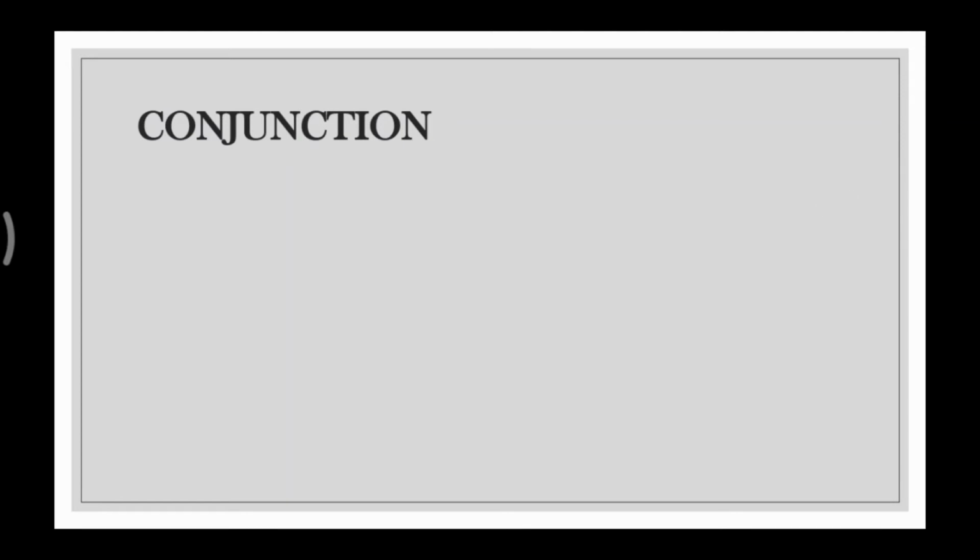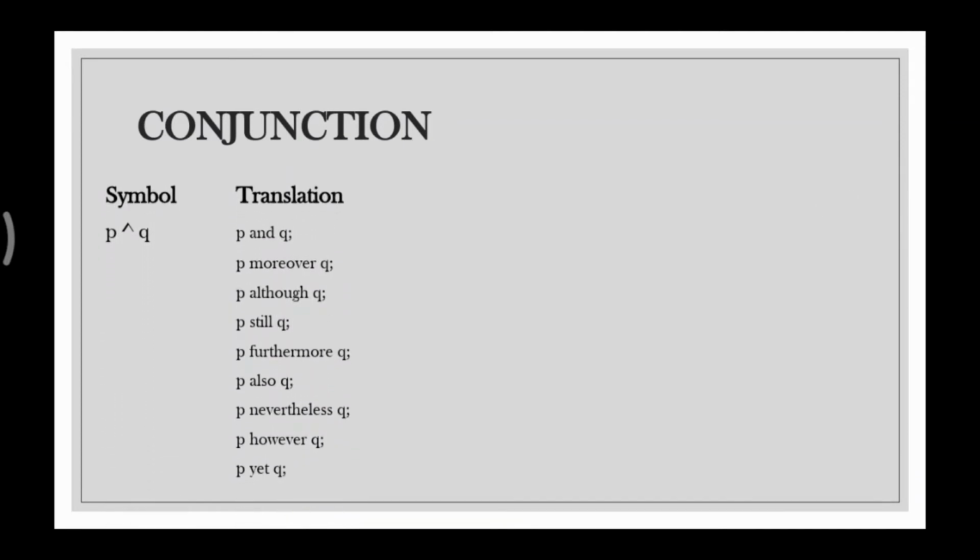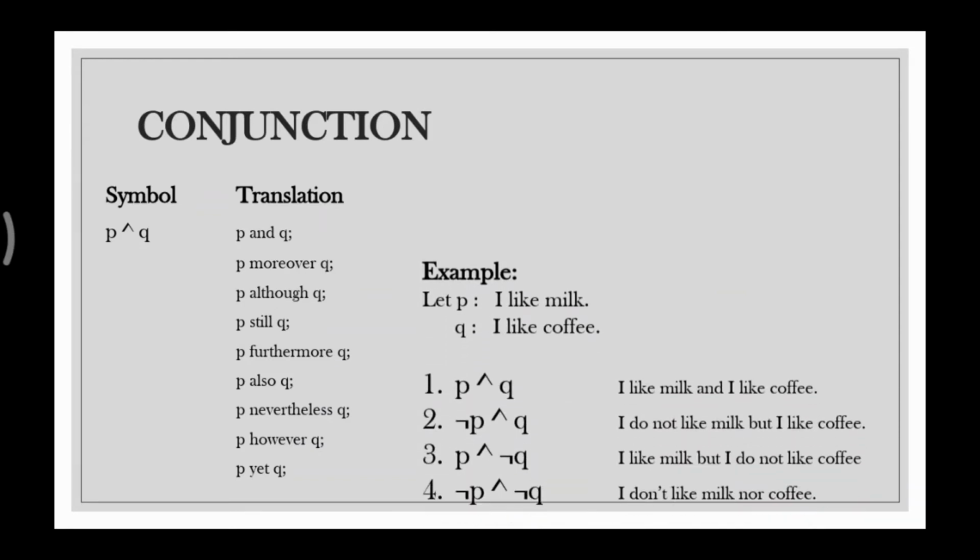Conjunction. This symbol can be read as P and Q, P moreover Q, P although Q, P still Q, P furthermore Q, P also Q, P nevertheless Q, P however Q, P yet Q. Example.